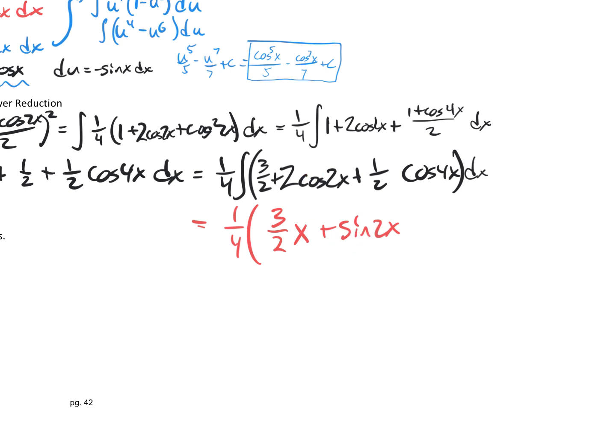Excellent. And now we have the derivative of 1/2 cosine 4x. Well, we're going to need to use a little u substitution here. And we'd want u to be 4x. That means du is 4 dx. We don't have a 4 out here. We would like this to be a 4.